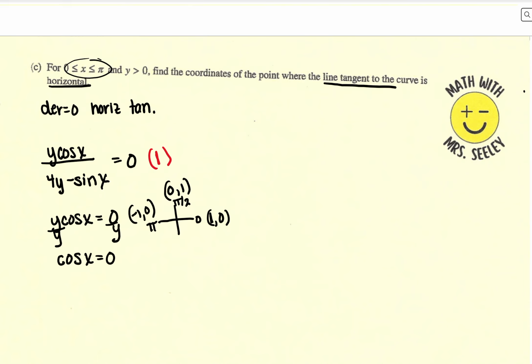If we want this to equal 0, where cosine is 0, those are our x values. This is the place at pi over 2 where cosine is equal to 0. So when x is pi over 2, right here, we know that our cosine is 0. If you were able to find that x value, give yourself another point.